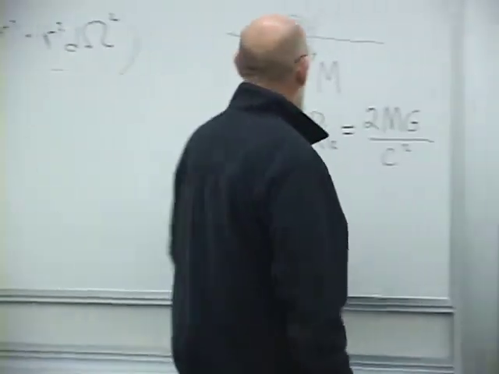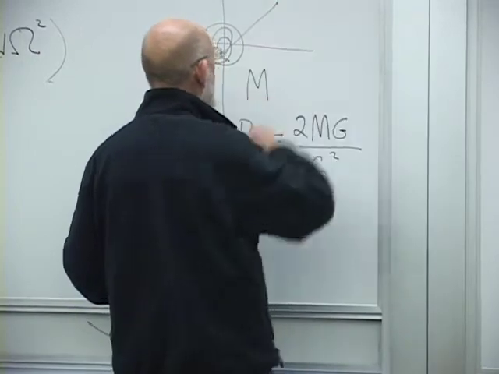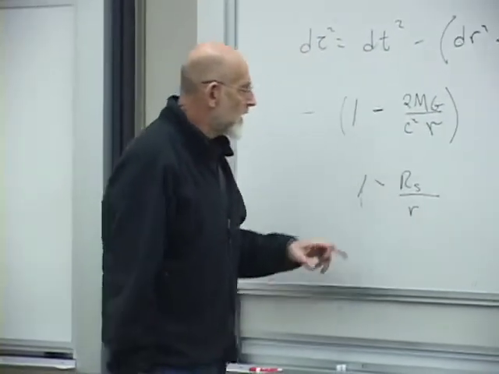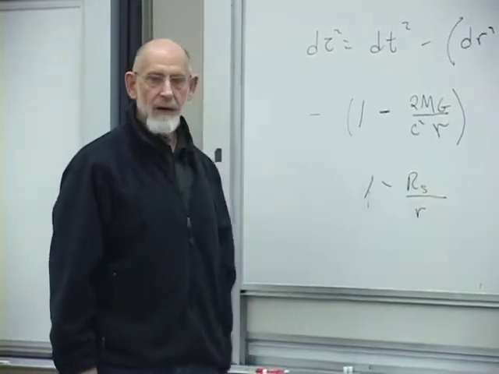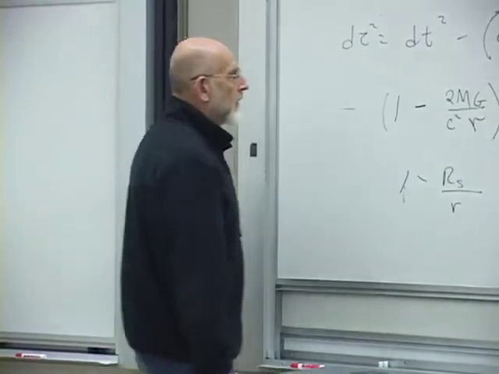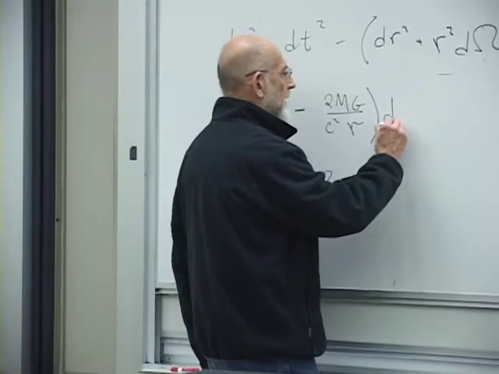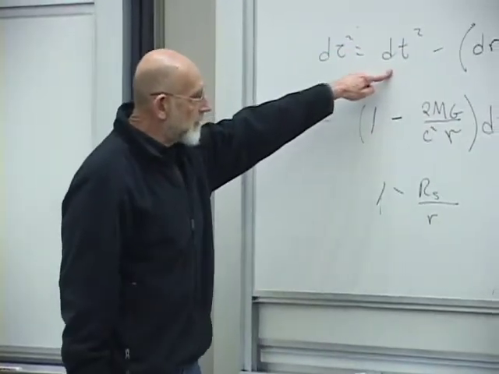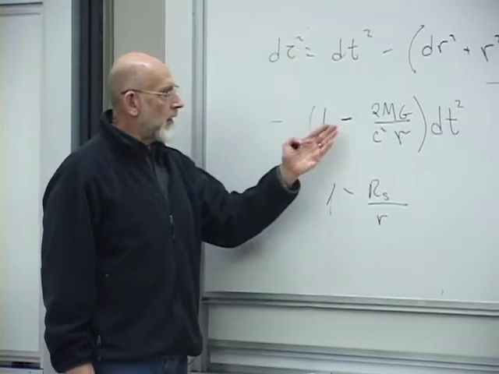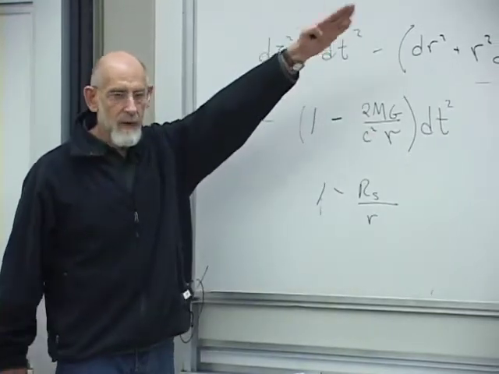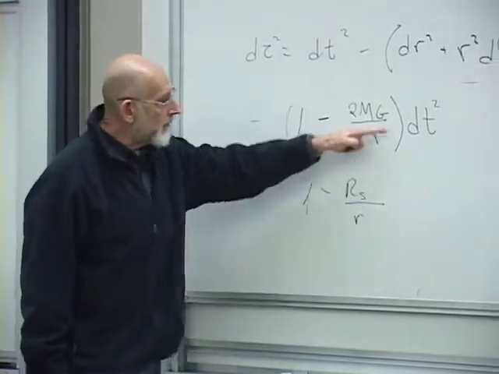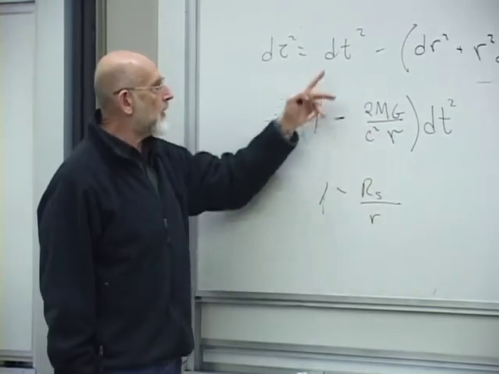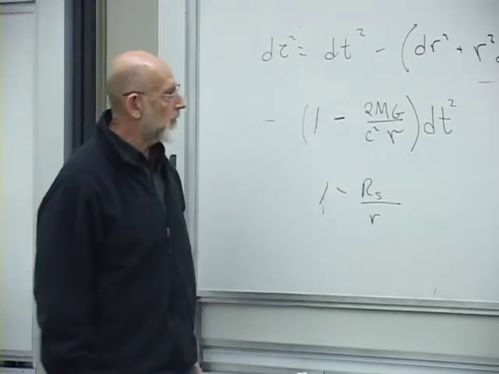We're interested in points far from the black hole for a moment, or at least out beyond the horizon, so little r is bigger than big R here. That gets multiplied by dt squared, replacing this. Now this looks good. When little r gets big and we go far from the black hole, this becomes small, and we just get back 1 times dt squared.